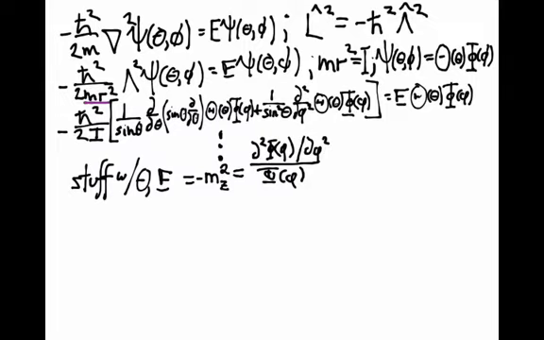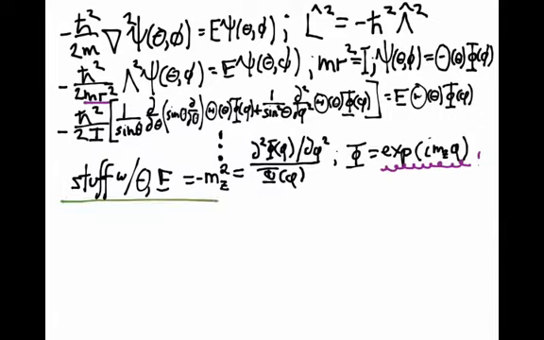So first off, the right-hand part of this, the curviness of this big function phi, is equal to minus m z squared. That's just slinky. That's the same function we've been looking at. It's the same function we solved for the two-dimensional particle on a ring. So big phi is just e to the i m sub z phi. So big phi is slinky. We know that function. We know it well.